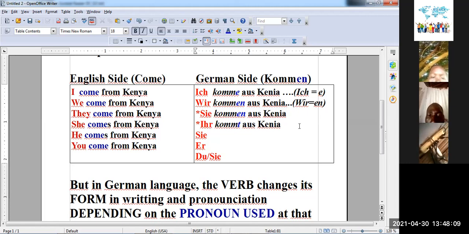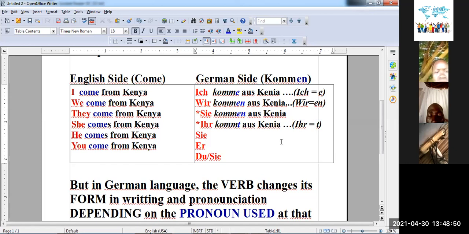So the formula for ihr equals T. Check it out. That's going to be your homework. Just check how it ends. This kommen, the way we are using it now, represents millions or thousands of verbs. So if you understand this, you have understood the rest.